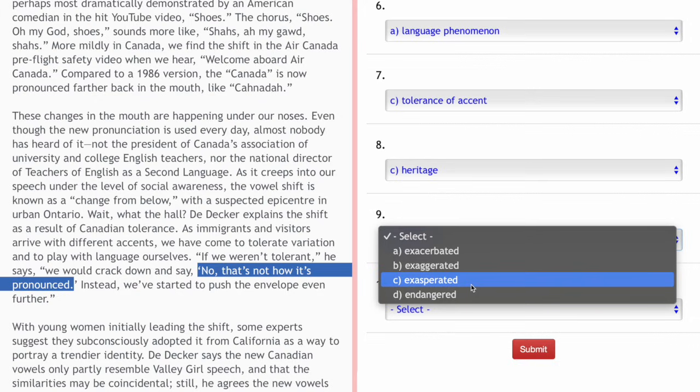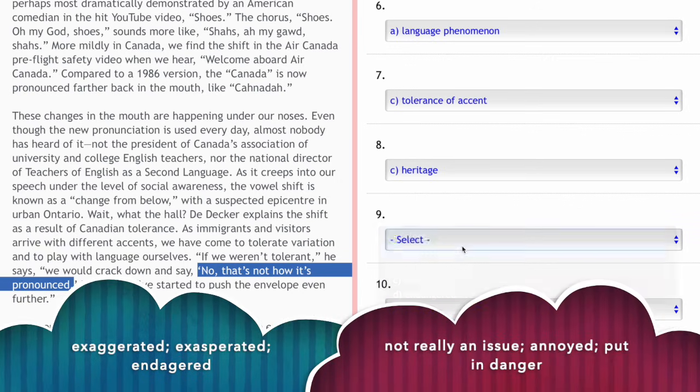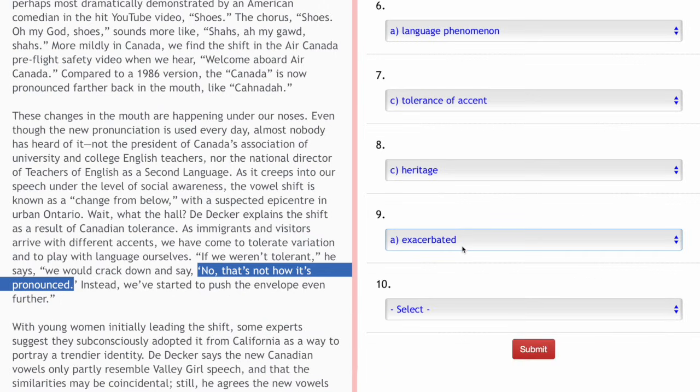Exasperated means annoyed or made negative. It's not exasperated. And endangered means almost make it go away. Endangered the problem means almost stop the problem, which is not the case. So exacerbated means made it worse or increased.